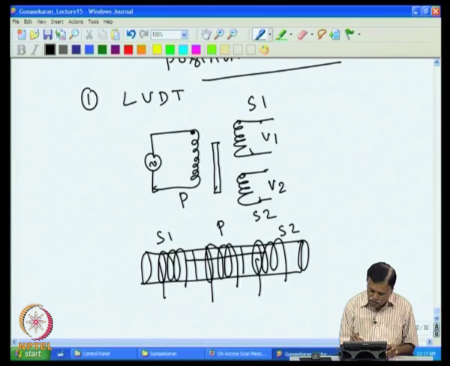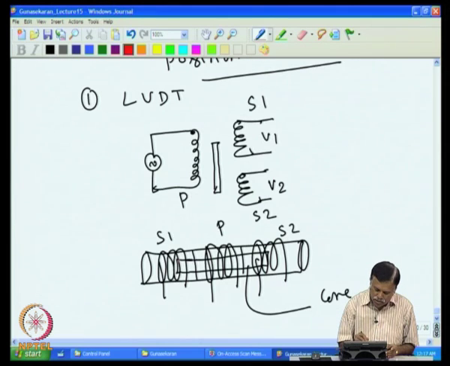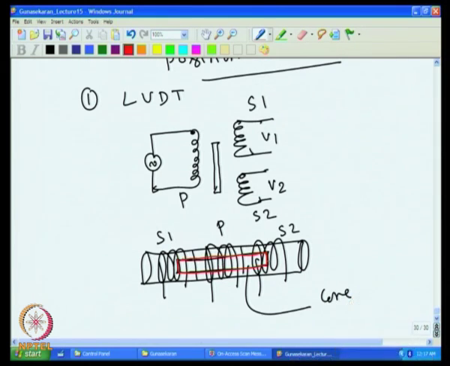If you see, it will be like this. So, that is the core. The movement of this core, if I take another color, you see the core will be this. Now, when the core moves, all the time the primary will be linked to the core.